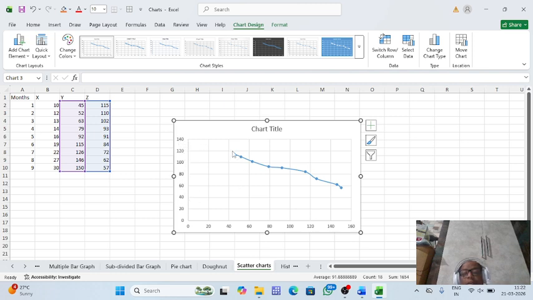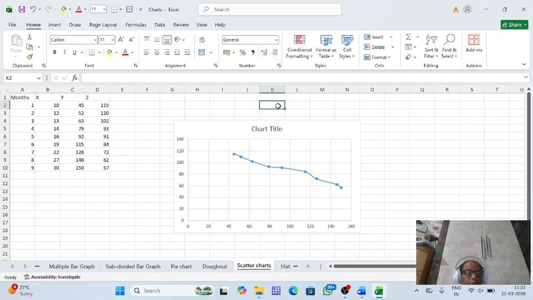So this is saying that when this value is going up, this value is going down, and that is a negative slope. So we can say that there is a negative correlation between these two variables. We have to save it again.